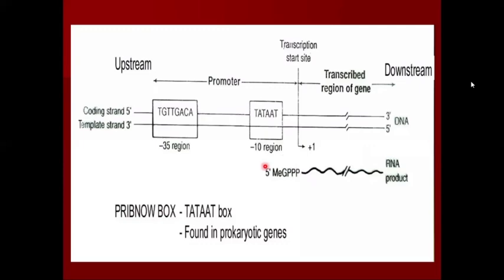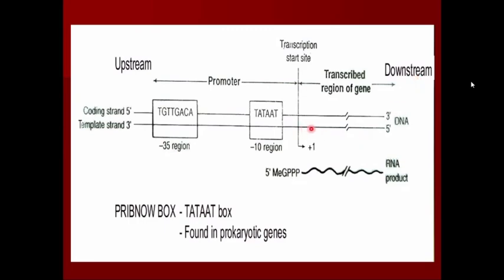While the region to the left of the transcription start site is the promoter site. So this is the promoter site. Upstream of the transcription start site, the transcribed region is downstream.